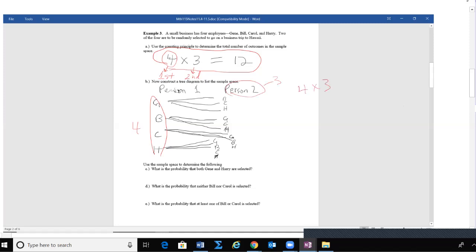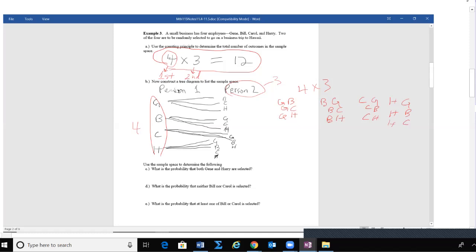Now, if you want to put all these together, you have Gene, Bill; Gene, Carol; Gene, Harry on the first set here. And then you have Bill, Gene; Bill, Carol; Bill, Harry. Then you have Carol, Gene; Carol, Bill; and Carol, Harry. And finally, in the last group down here, you have Harry with Gene, Harry with Bill, and Harry with Carol.